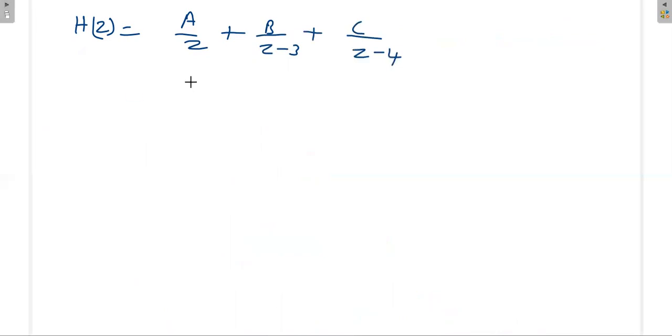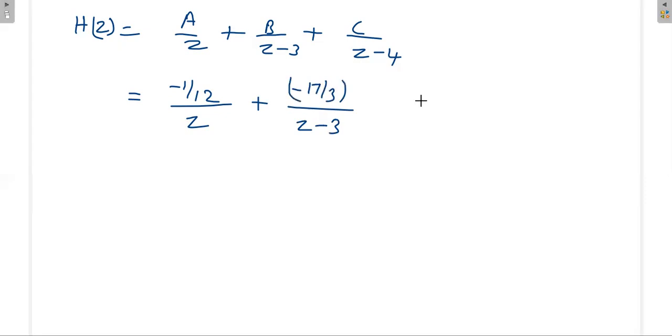Then just find the values of a, b, c. I'm directly writing the result. The value of a is minus 1 by 12. The value of b is minus 17 by 3. The value of c is 31 by 4, divided by z minus 4.